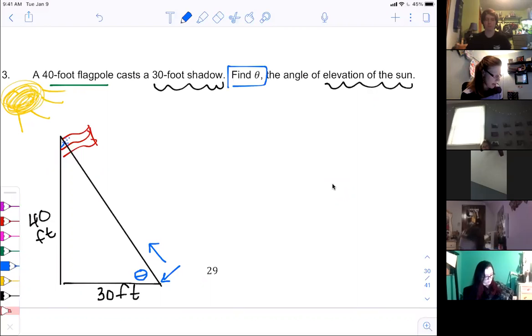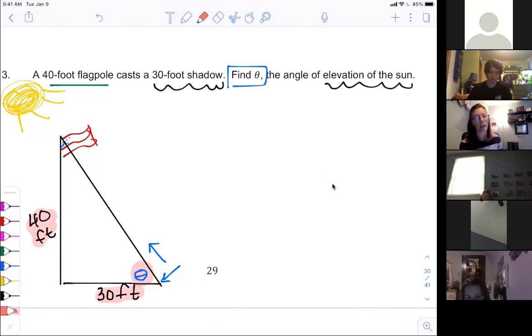If this is your angle in this bottom corner, and you're given two sides of the triangle, what two sides of the triangle would those be with respect to that angle? Peter? Opposite over adjacent, or opposite and adjacent. Yeah, opposite and adjacent. And you were perfect by telling me it's opposite over adjacent. So we have the opposite side and we have the adjacent side.